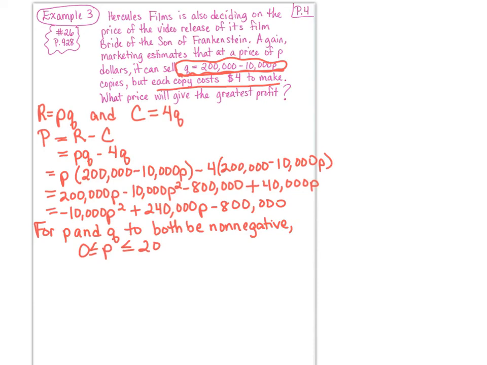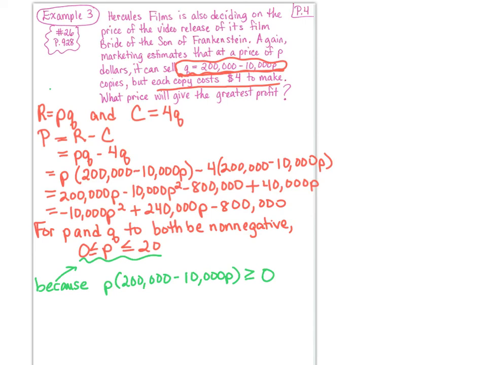So the reasoning here comes from the following, because that would mean that P times (200,000 minus 10,000 P), this is just P times Q, has to be greater than or equal to 0. Well, what does that mean?